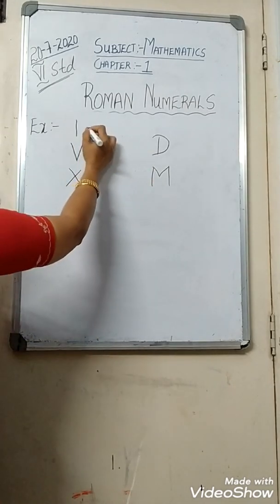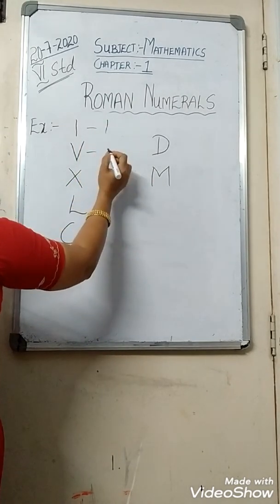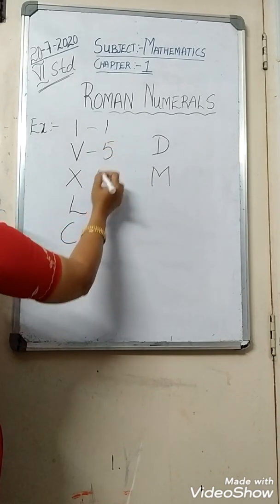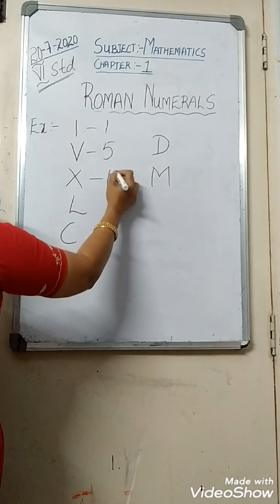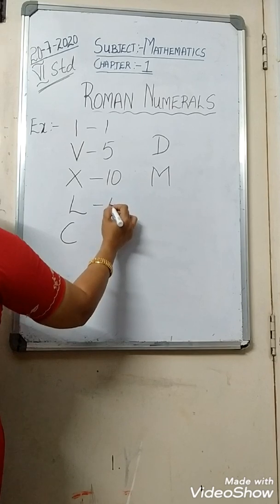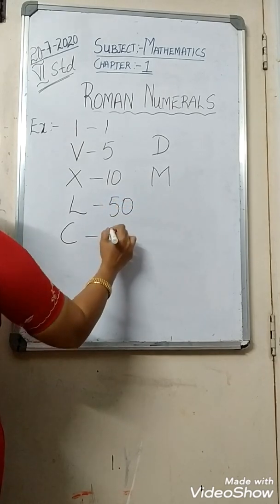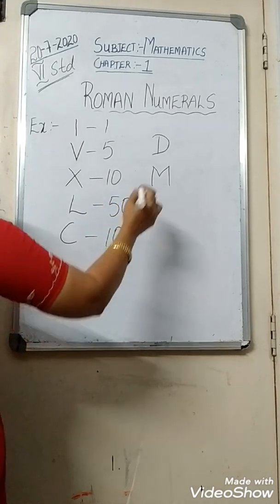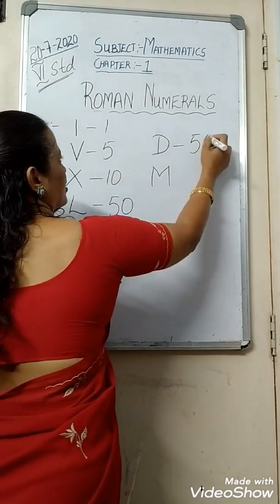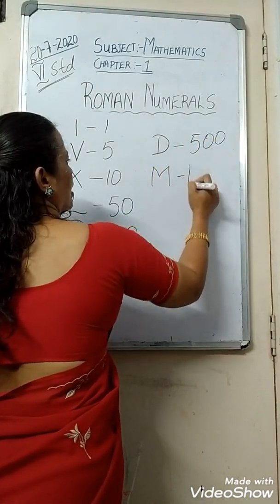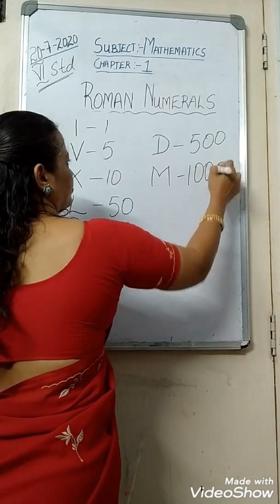The value of I is 1, value of V is 5, value of X is 10, value of L is 50, value of C is 100, value of D is 500, and the value of M is 1000.